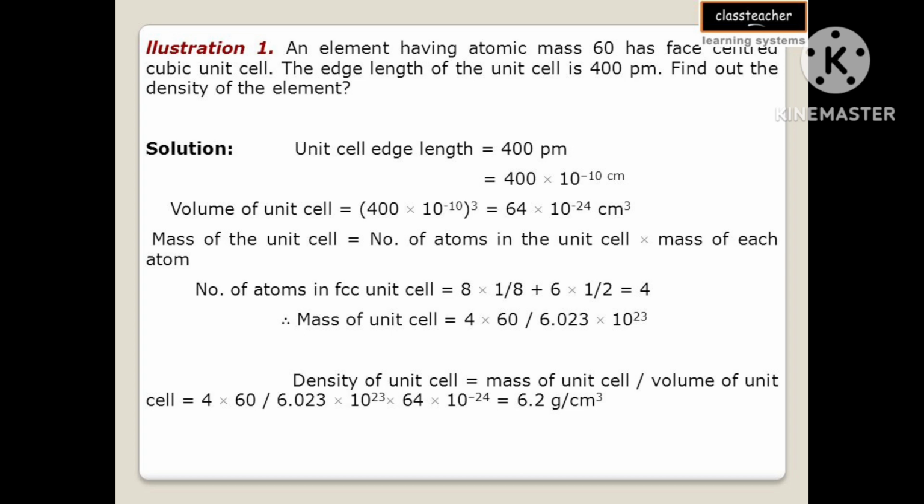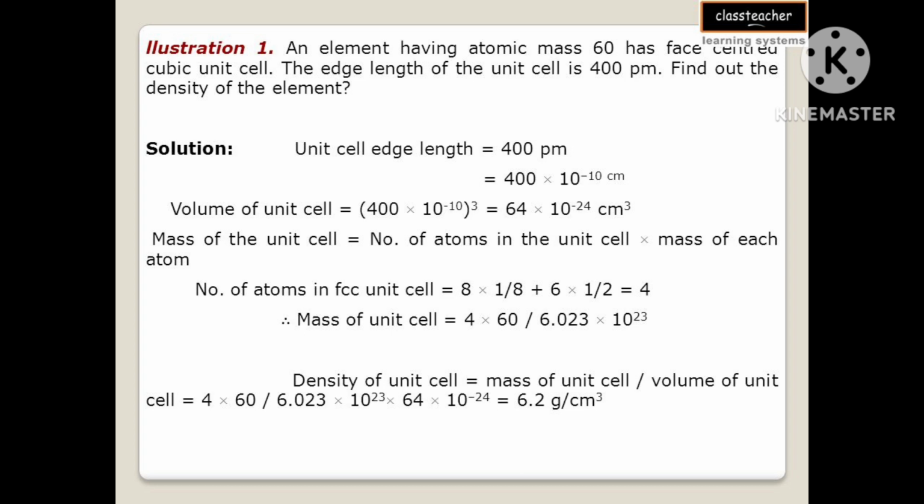Here, the structure is BCC structure, body centered cubic structure. First thing. Second thing is its edge is 288 picometer, means side is 288 picometer. And third thing, the given density of the element is 7.2 gram per cc.